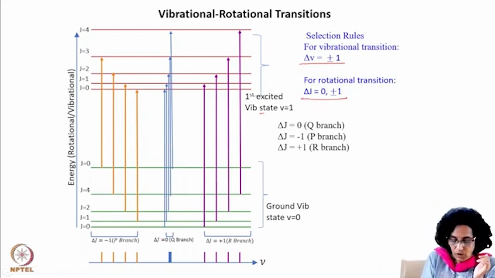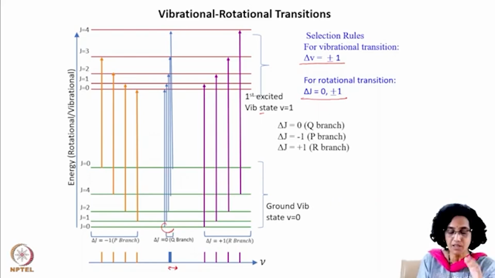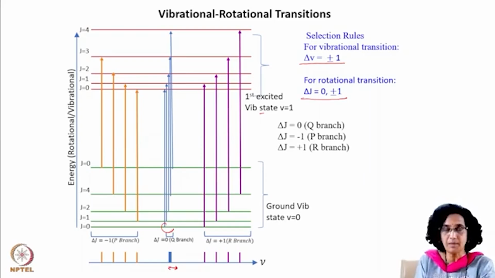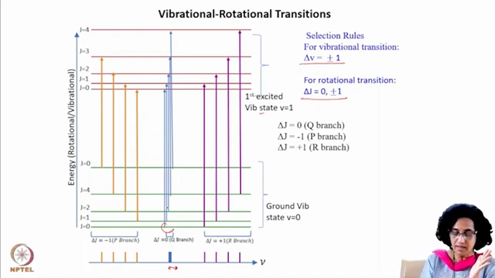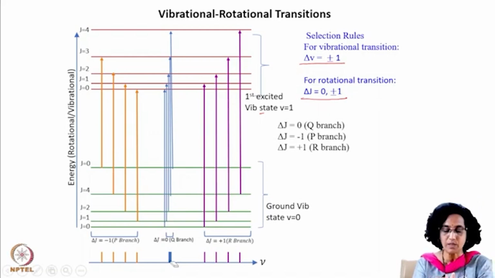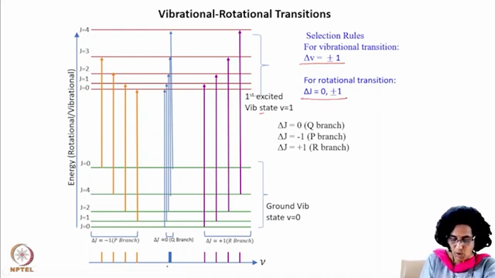So, although we expect that all of these should come at the same frequency, there is a slight spread. The spread is not much because originally they are supposed to be of the same energy, but because of centrifugal distortion or anharmonicity, these energy levels are slightly different. Then they are not equispaced, and therefore you have a small spread.